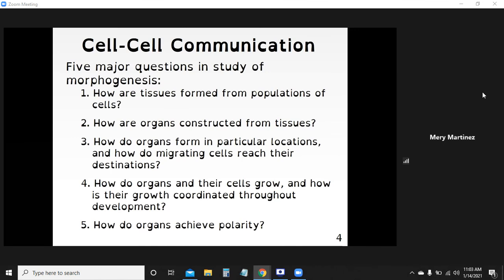The third question is, how do organs form in particular locations, and how do migrating cells reach their destinations? They need to know. There should be a highway directly to bring you to it. It's not about going into the bush and then going back and forth and getting lost. There is a pathway that they need to follow. Again, the eye develops only in the head.